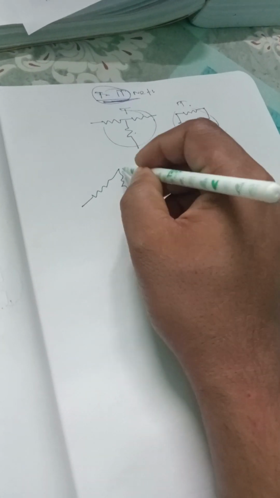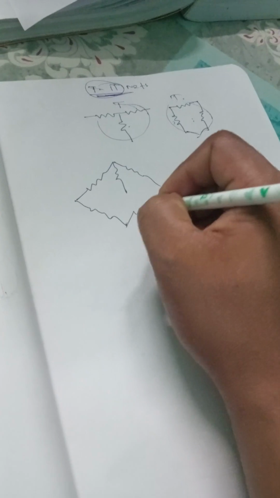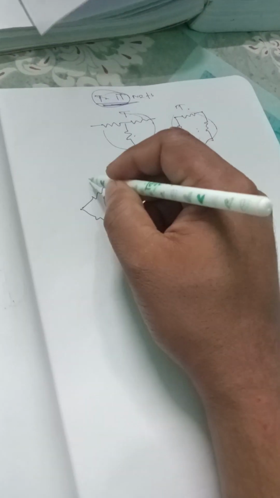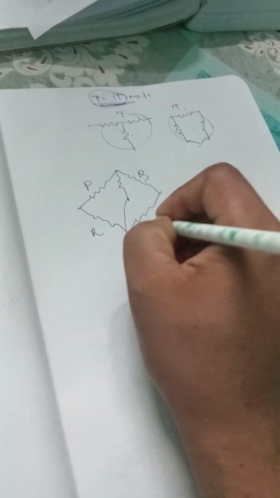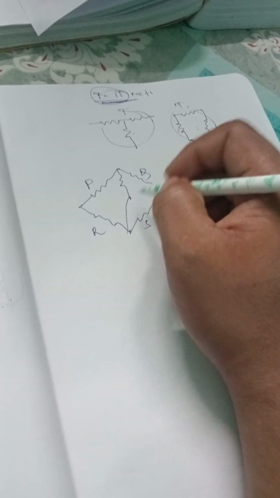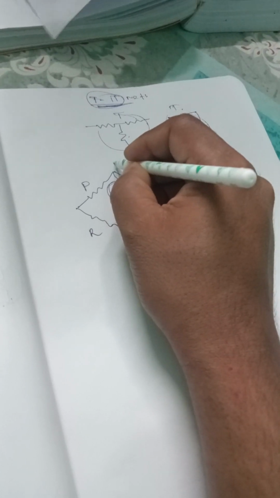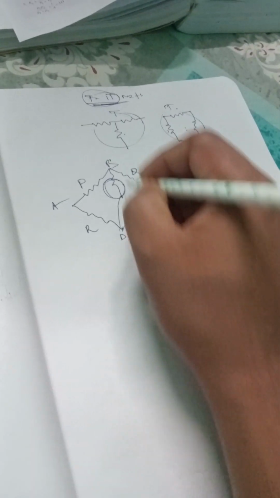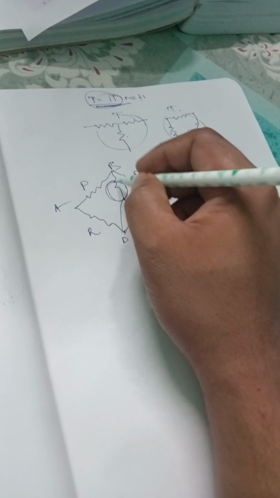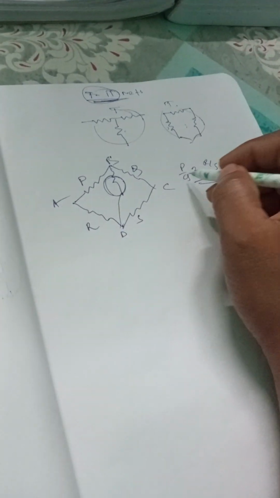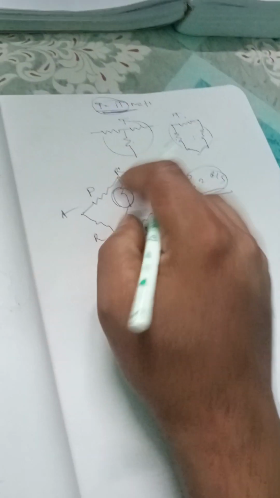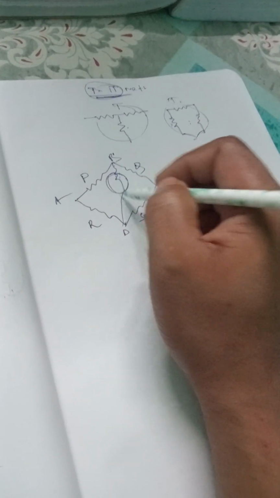The Wheatstone bridge. Suppose you have a network which has 4 resistors named P, Q, R, S, and the Wheatstone bridge principle is satisfied, that is P by Q equals R by S. Then no current flows through the junction between terminals B and D. The null or balance condition is satisfied, so there is no current flowing through the resistor between them.